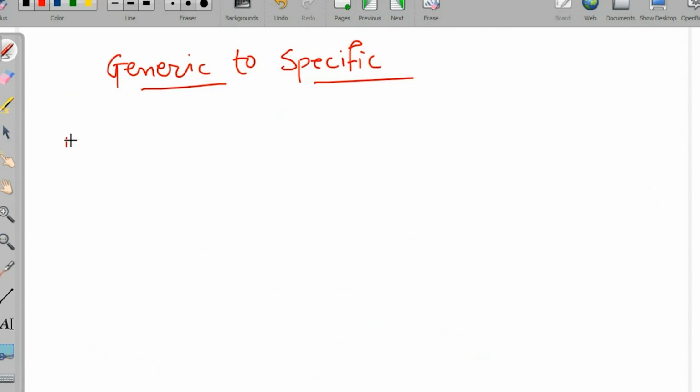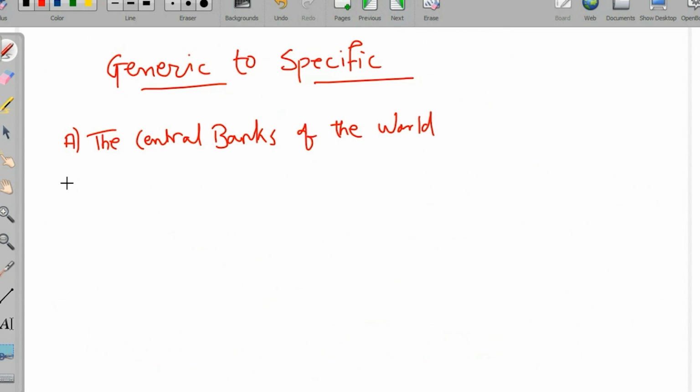The first type is like, let's say that there is statement A, which is talking about the central banks of the world. Then we have statement B, which is talking about the central banks of Asia.